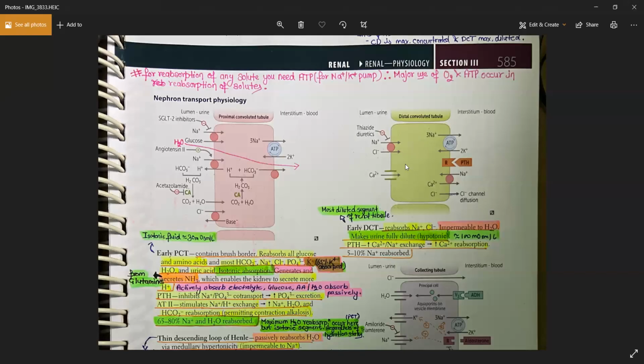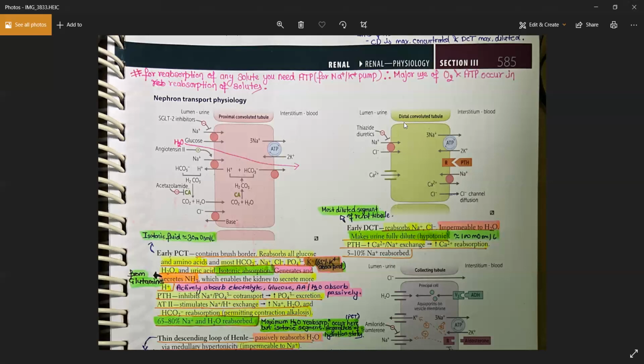Calcium also is reabsorbed through this portion, because of the presence of the calcium channels. Again, you have a sodium calcium antiporter that will cause the influx of sodium and efflux of calcium from the cell, and that's how the calcium is reabsorbed in the DCT.